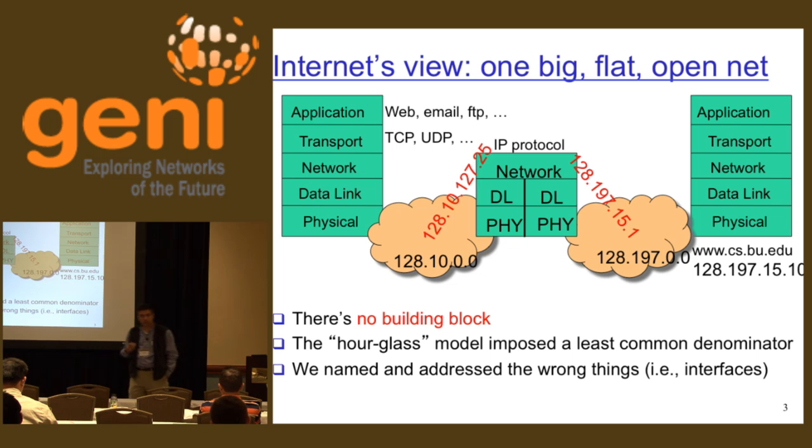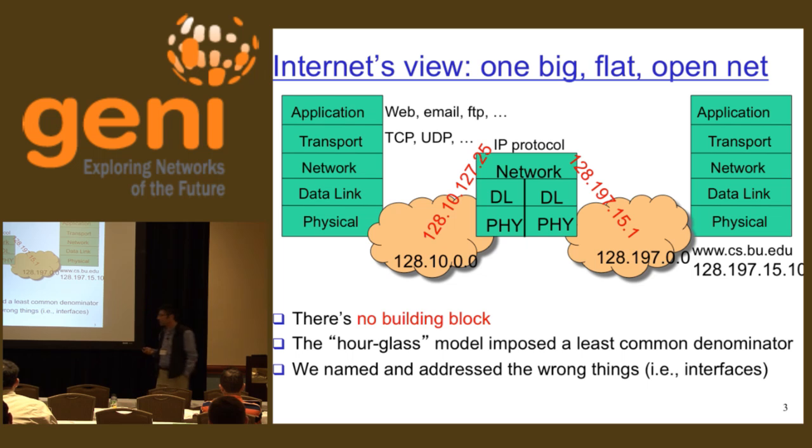A major weakness of the current internet architecture is the naming and addressing architecture. We didn't know what to name, or we named the wrong things. IP addresses name connections to the network, interfaces to the network. They are associated with the network you are connected to, as opposed to the process you want to talk to.